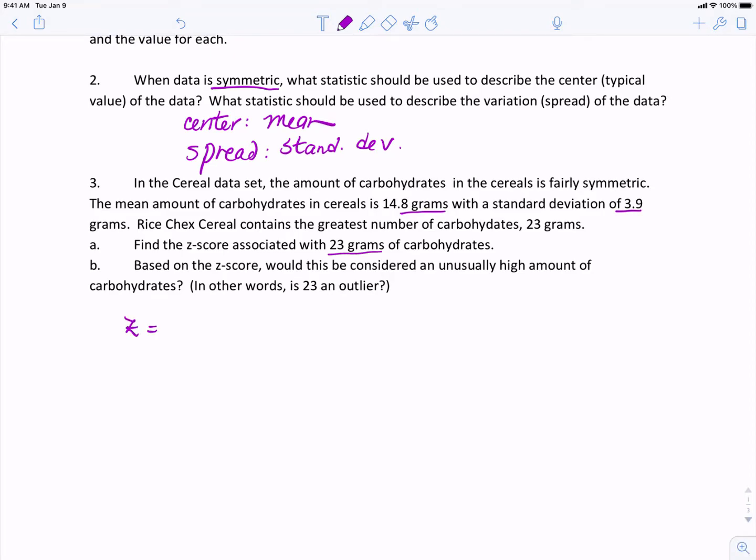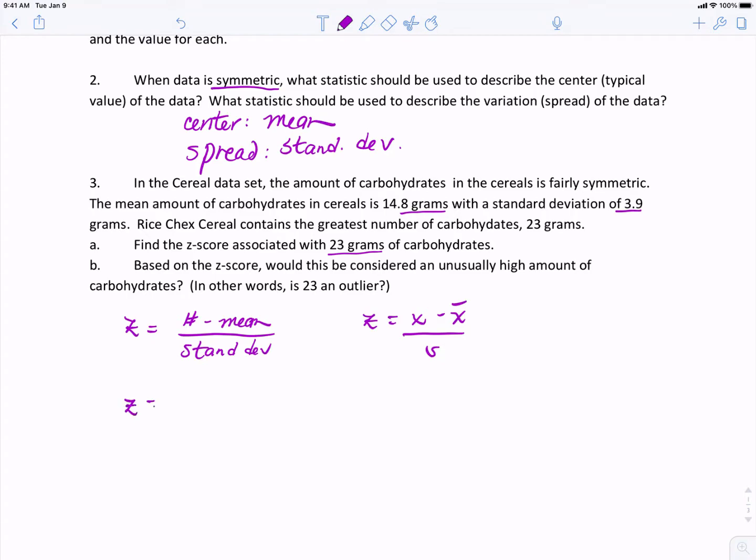So the formula for the z-score, and this is pretty much the only formula that we've encountered so far that we actually have to compute by ourselves. StatCrunch doesn't do z-scores for us. You take the number, you subtract the mean, and then you divide it by the standard deviation. In symbols, that looks like x minus the mean, that's a symbol for mean, divided by the standard deviation.